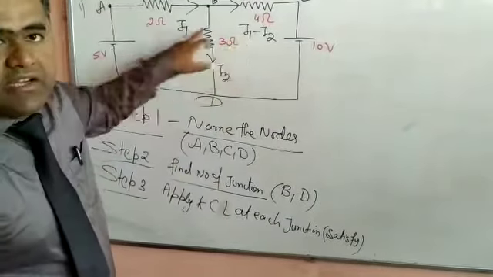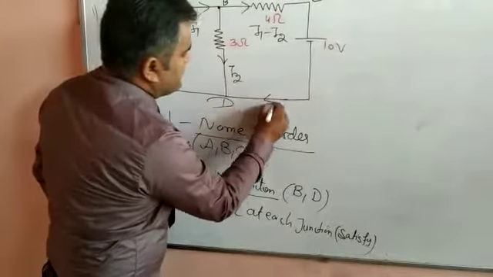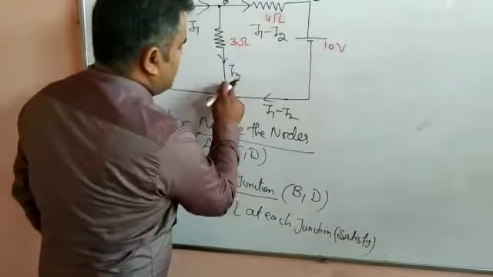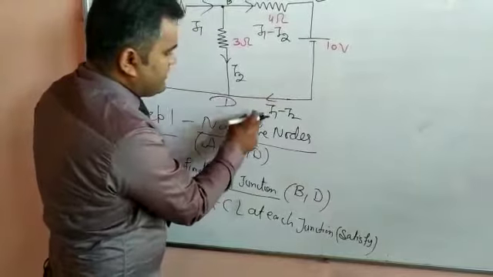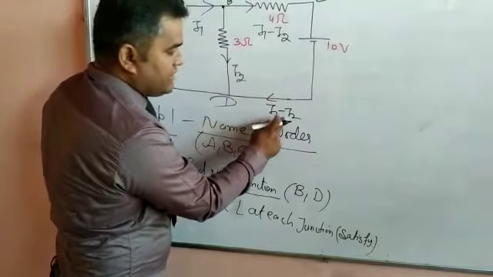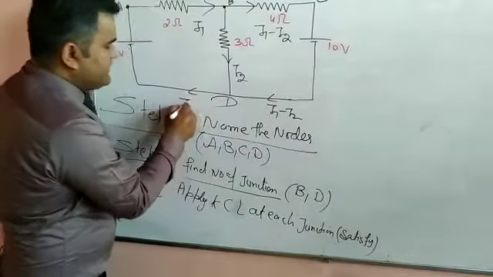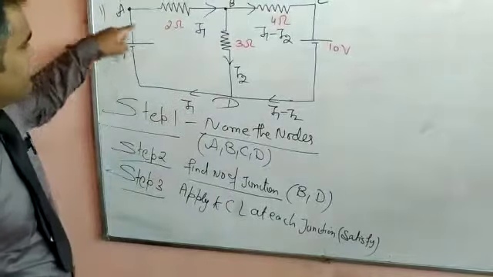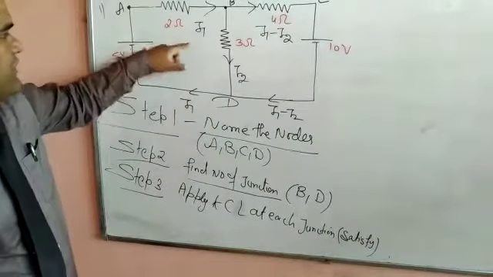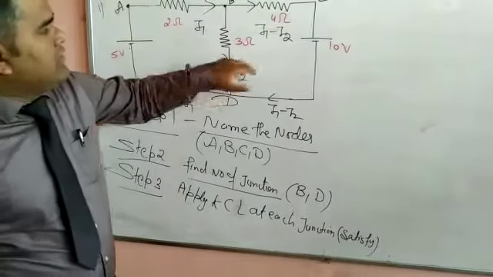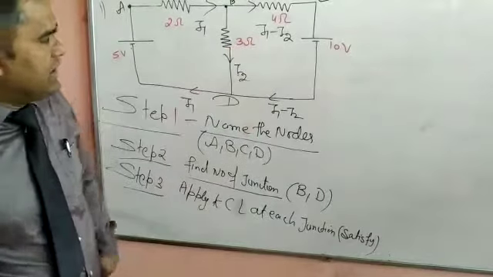Incoming is I1, the addition of outgoing is I1. Okay. Similarly at D, now this current is coming. These are two incoming currents, I2 plus I1 minus I2, I2 cancels, outgoing is I1. This is I1, we already know. Hence, we have to find out I1, I2, and I1 minus I2.